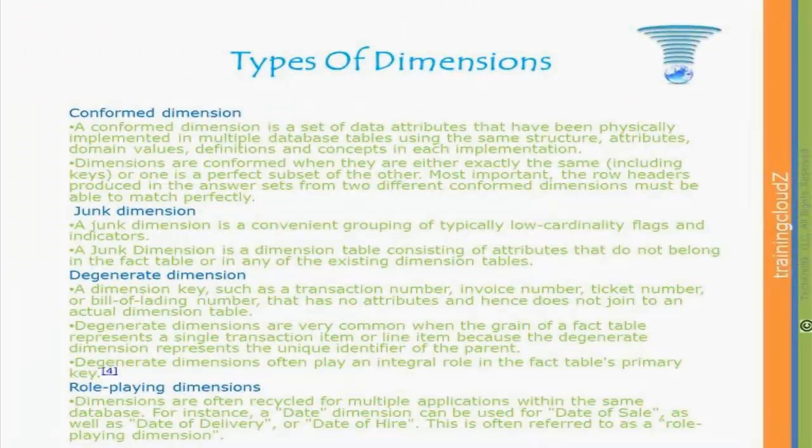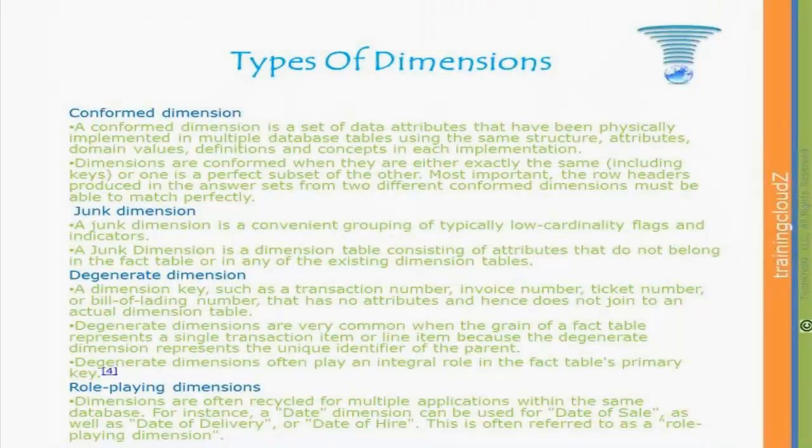Dimensions are often recycled for multiple applications within the same database. For instance, a date dimension can be used for date of the sale, as well as date of delivery, as well as date of hire. This is often referred to as a role-playing dimension.